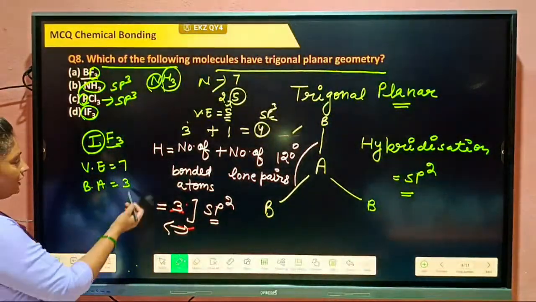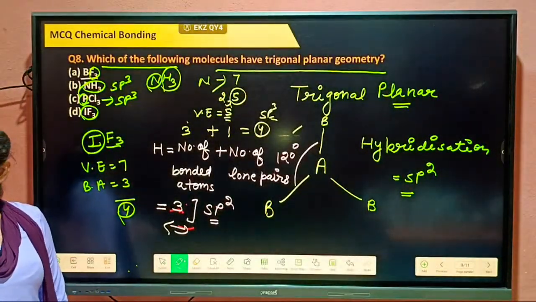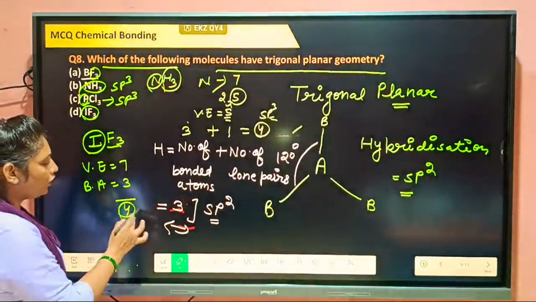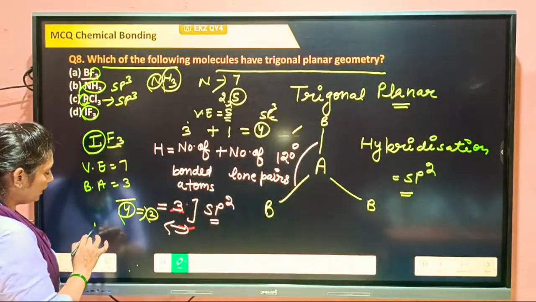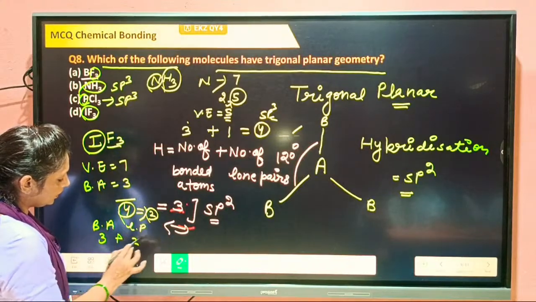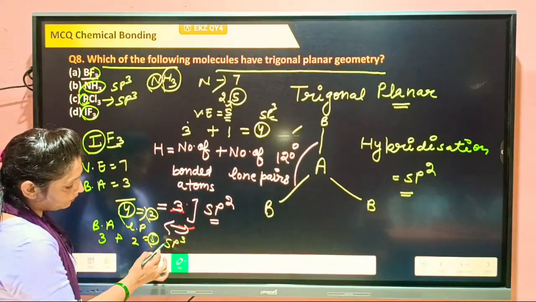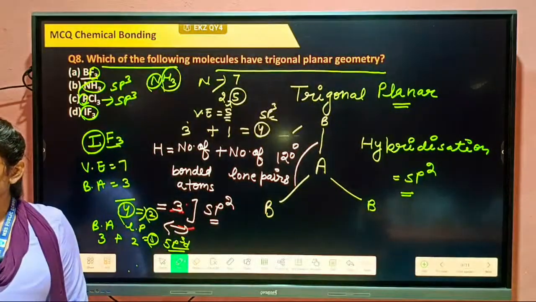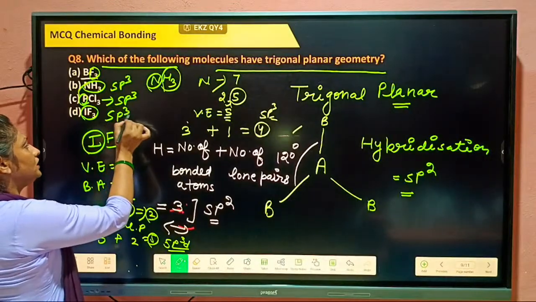So 7 minus 3, 4 electrons remain. They are non-bonding, forming 2 pairs. So lone pairs are 2. So bonded atoms 3 plus lone pairs 2, 5. So hybridization is 1s, 3p, 1 plus 3, 4, and 1d. So hybridization will be sp3d. Clear or not?